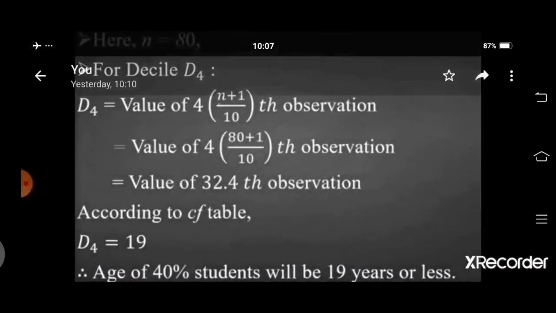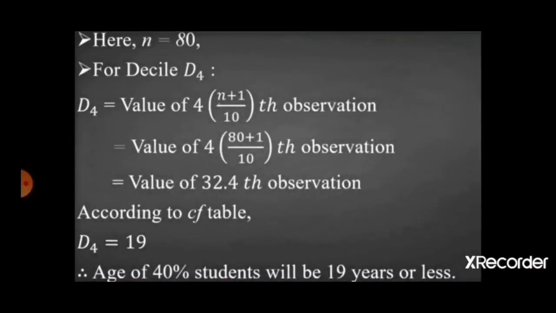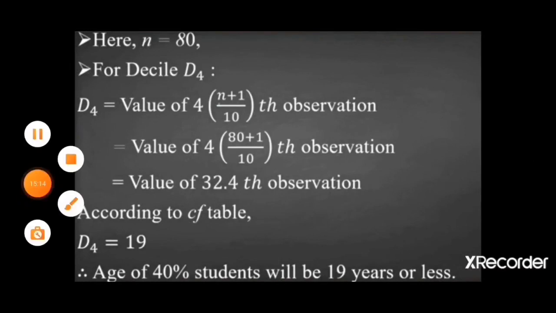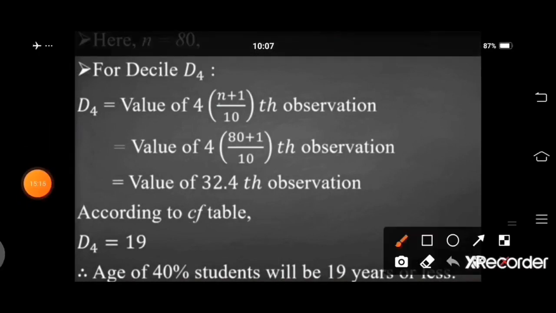Then find decile 4. N equal to 80. Decile 4 formula: first we will write down here 4, then (n plus 1) upon 10. We will put value n equal to 80. 4 times (80 plus 1) upon 10, we will write down the value of this.